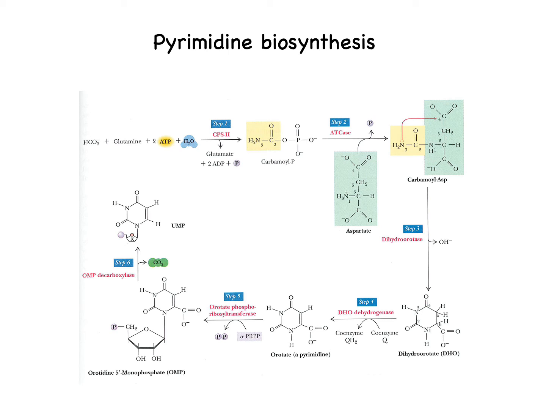And then a couple of modifications to get to orotic acid, which then is added to the sugar phosphate. So notice this is a little different than purine synthesis, where the base was built onto the sugar. In this case, the ring is made first and then added to the ribose. Once we have that, then we can convert those to the other nucleotides.